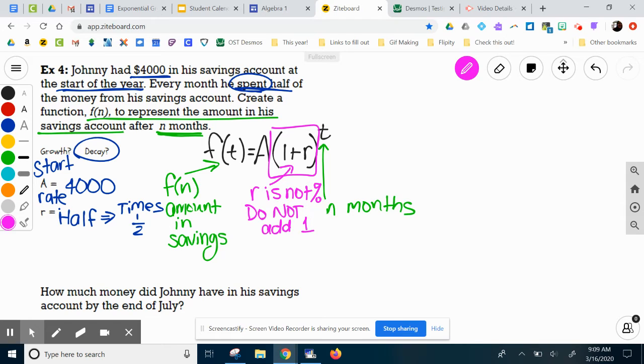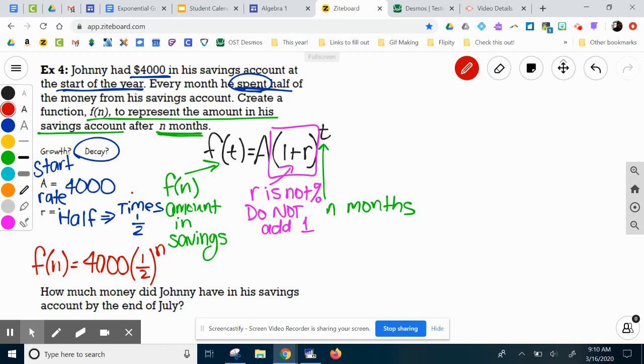So when we're writing our equation, we've got f of n equals our a, which is 4,000. We can't do 1 plus r, we just do our r here, so 1/2. And it's to the power of n.